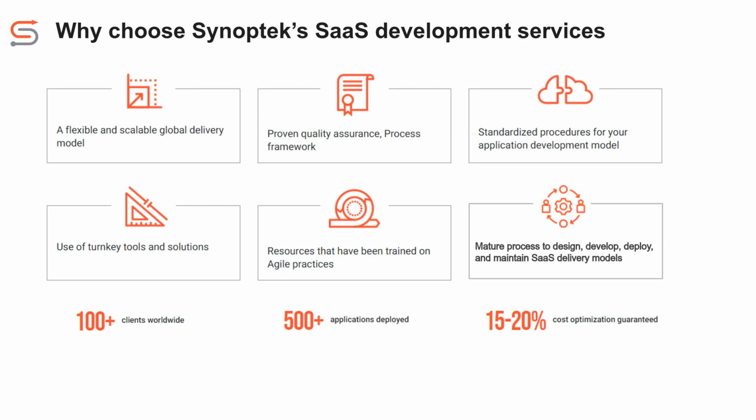So we hold that kind of certification. Even when we talk about cloud technologies, we are a specialized, preferred partner of the likes of Microsoft and Amazon. And that's why I think it is very important that Synoptic can be that key partner for providing all sorts of SaaS development service needs.